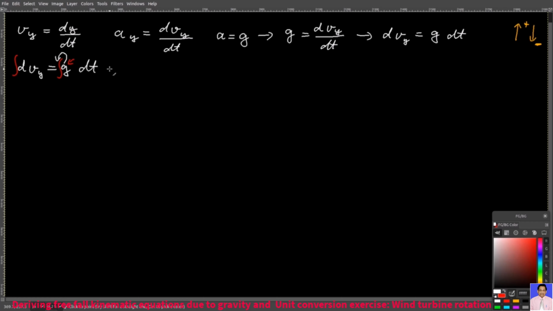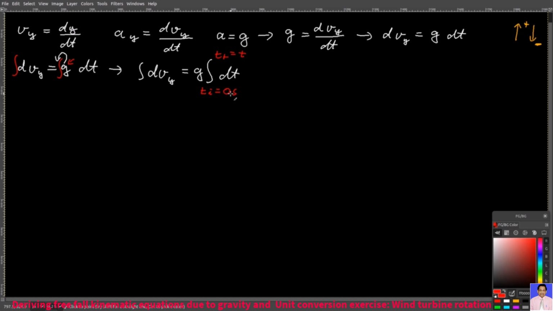So you will have the integral of dvy equals g times the integral of dt. And we're going to integrate it from the initial time equals 0 seconds till the final time equals the variable t. And we assume that the beam is at rest at the beginning.